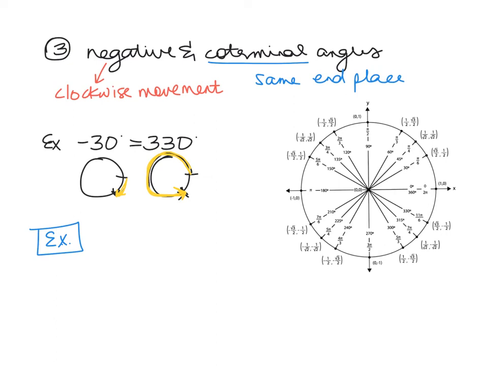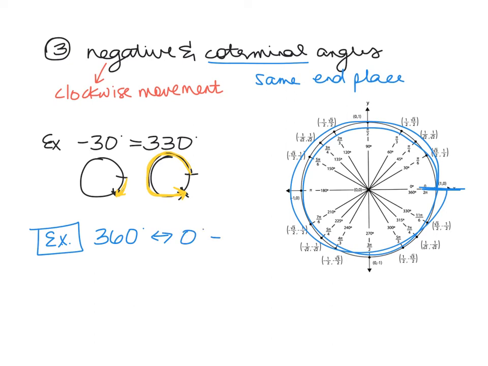You can do a 360, which would be one rotation, or 720 would be another rotation. So that's ending in the same place. A simple example would be 360 degrees is coterminal with 0 degrees, like not moving at all, or with 720 degrees, which would be two rotations.